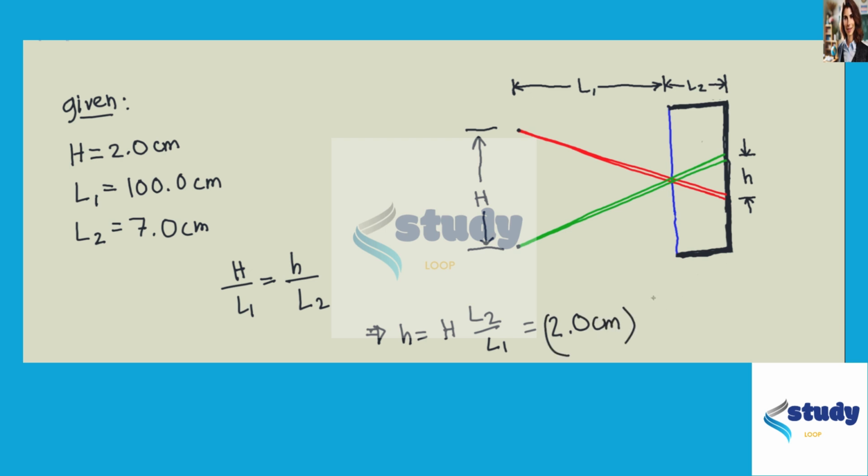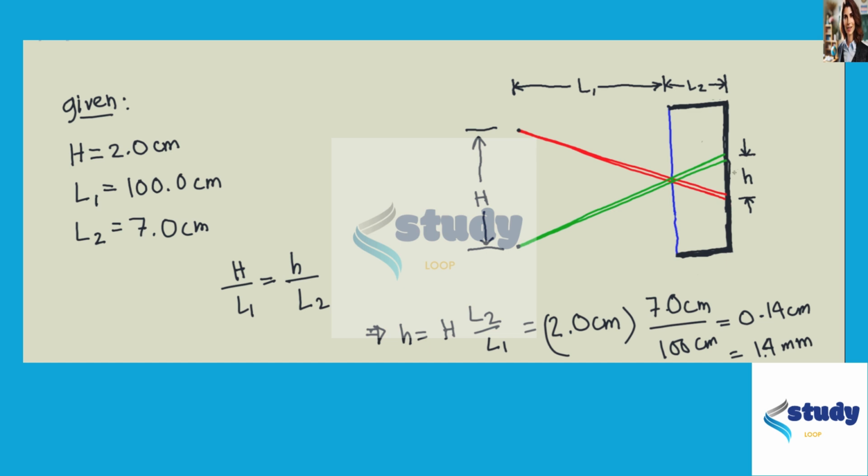L2 is 7.0 and L1 is 100. So from here we get the separation as 0.14 centimeters, or 1.4 millimeters. Right, so now we know the separation.